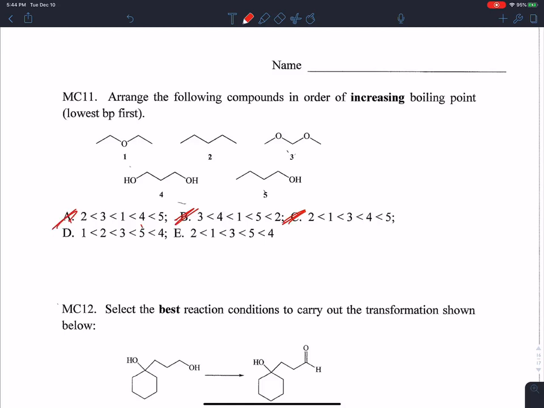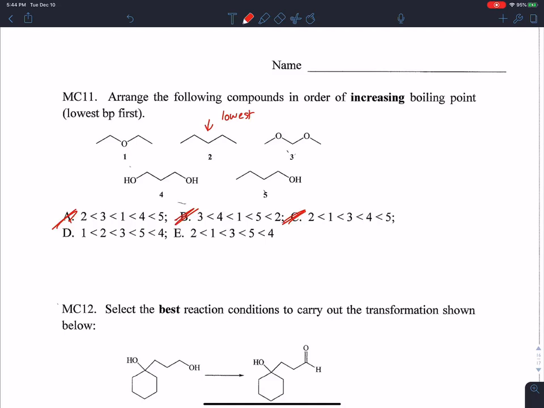After that you have 5, so the only difference is 1 better, or is 2 better? Now if you don't know this, this one still has an oxygen, so this one is better than if you didn't even have that. So this one should have the lowest boiling point, and this one should have a little bit higher because it at least has the oxygen.